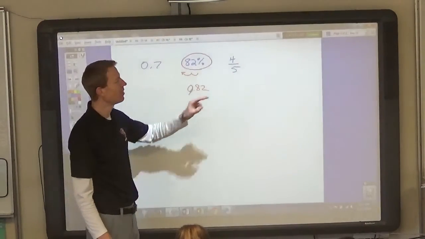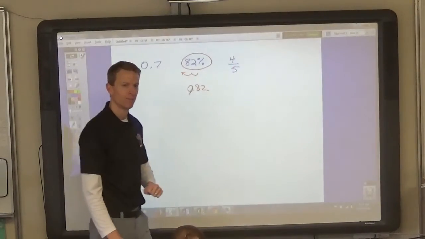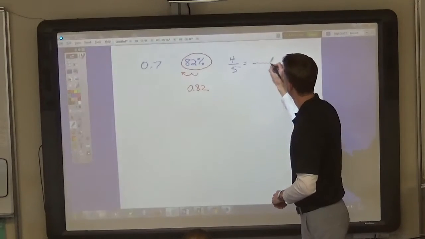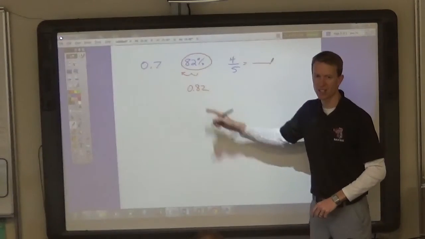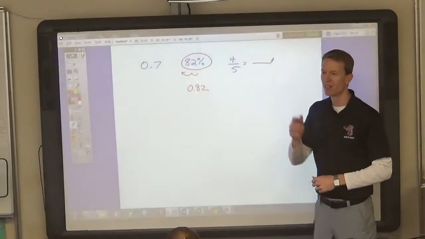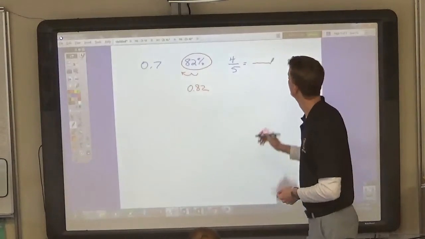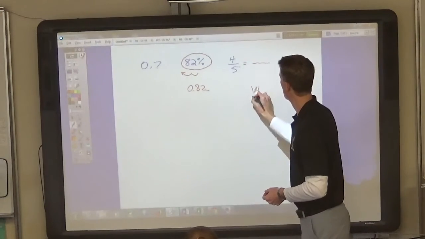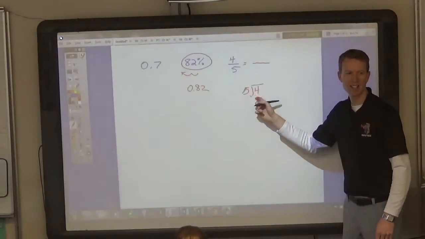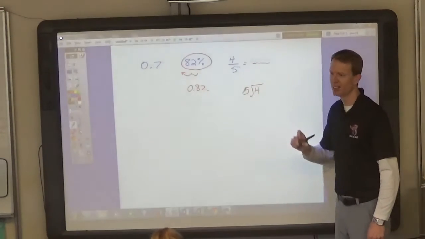There's actually 2 ways to do this one. We can convert it to tenths, because we can write tenths as a decimal. Or we could, Maya? You could do 5 divided by 4. Of course you mean 4 divided by 5. The top number goes inside the house.